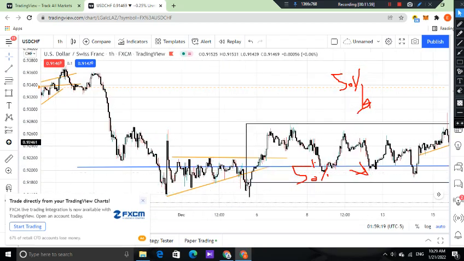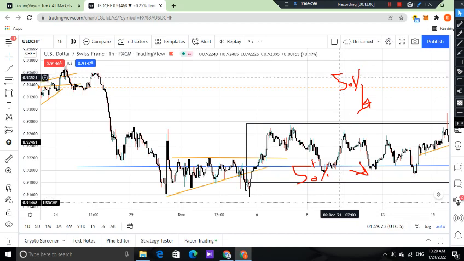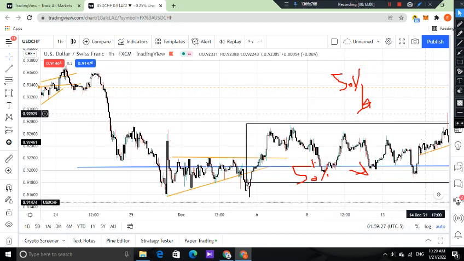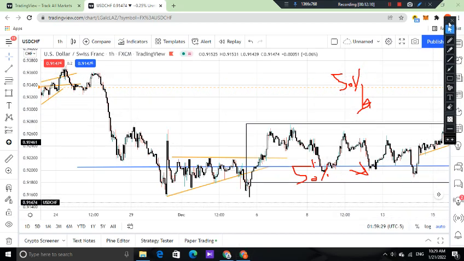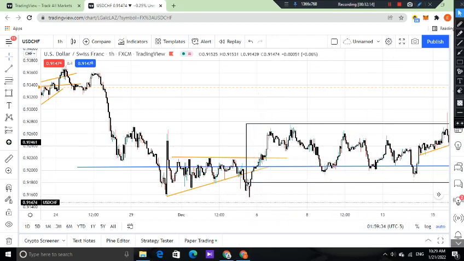I have to add something. The important thing for drawing these triangle patterns and finding them is that we need 3 pushes up and 3 pushes down. It's necessary.